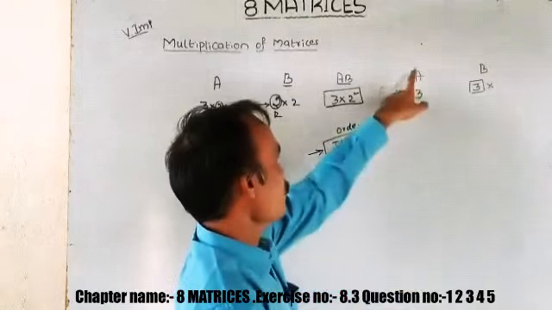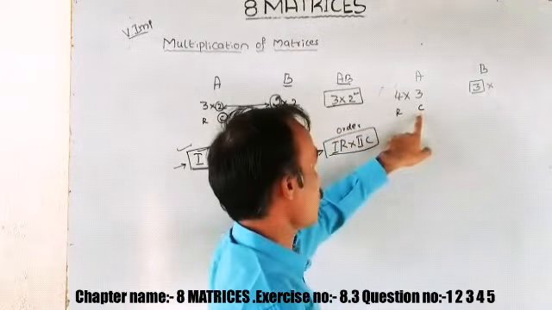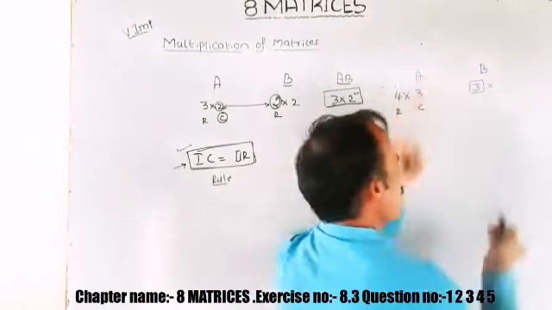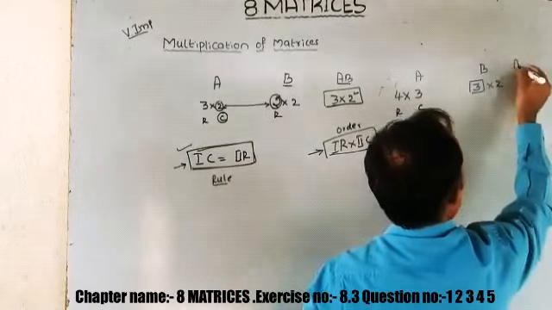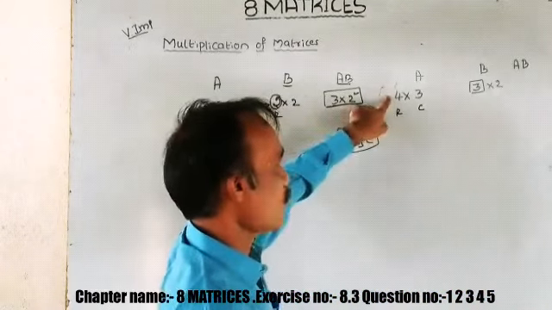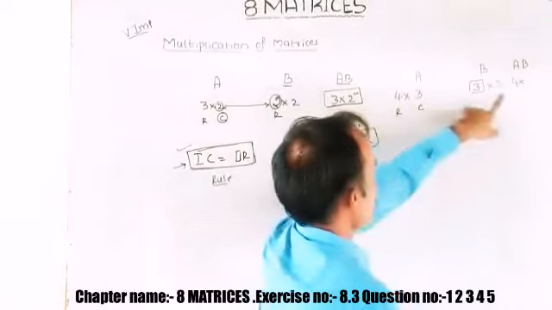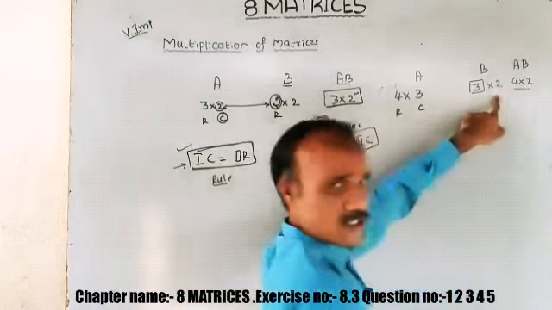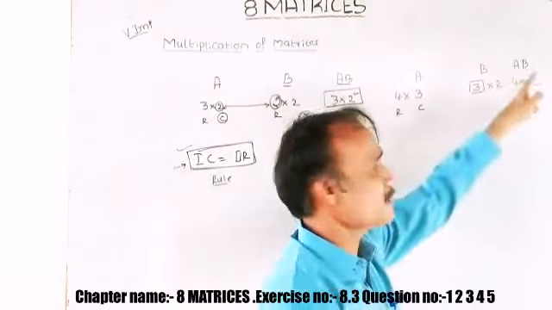I told you columns of the first matrix are the same as rows of the second matrix, so the order of B is 3 into whatever it may be. Now, what is the order of AB? Yes, 4 into, here, 2 columns. So 4 cross 2 is the order of the obtained matrix AB.